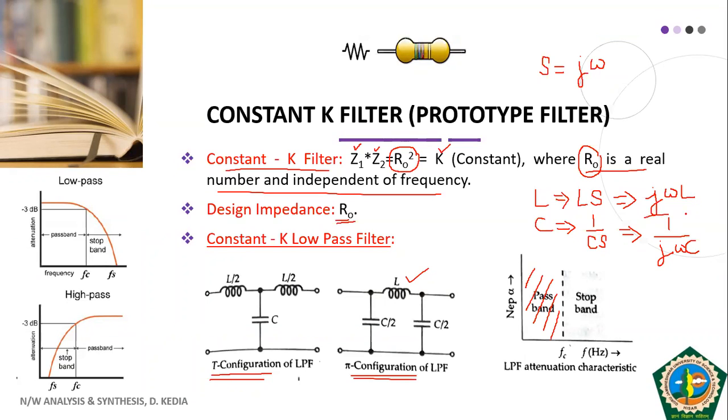Now you see here, if your frequency is 0, then the reactance of the inductor, say XL, is 0. This XL is the reactance, XL is equal to j omega L. So XL is 0 for omega 0, and XL is infinity for omega equal to infinity.